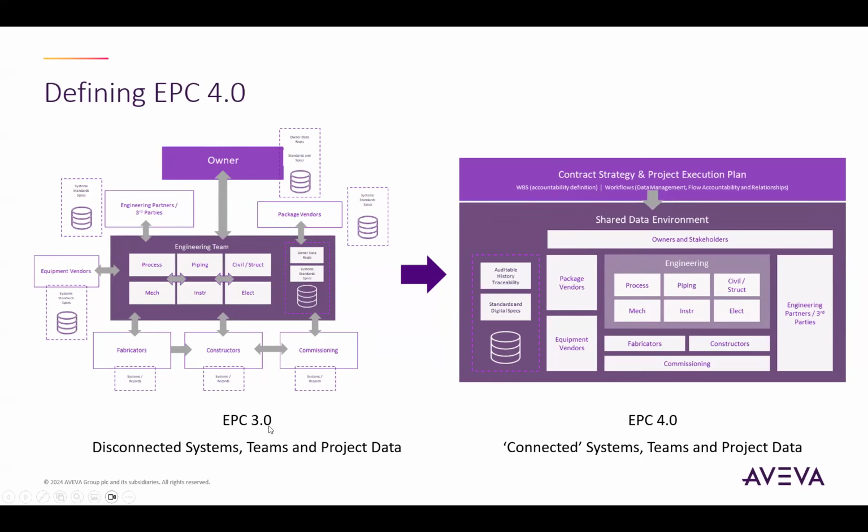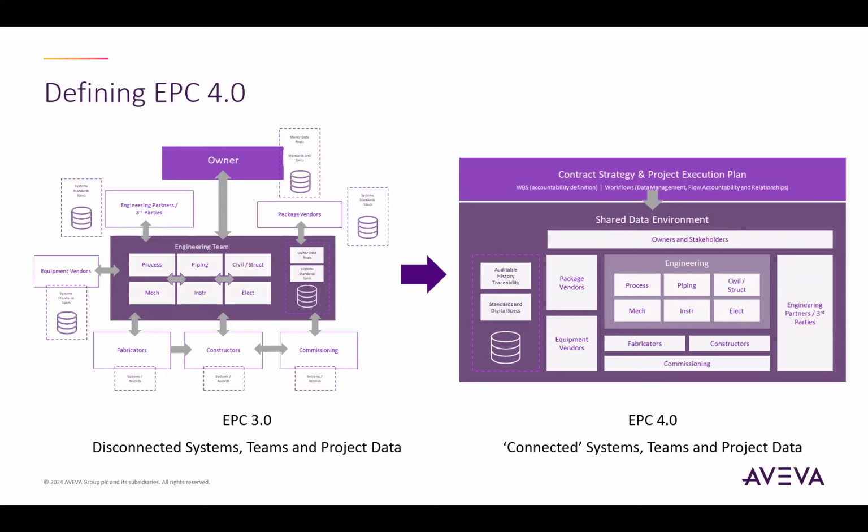In the EPC 3.0, we had the project teams over the past 2 decades with different systems and standards. Most of the data was gathered in silos, meaning in Excel spreadsheets, in just flat plain documents. And it was really difficult to pass on information between the disciplines. So they lived in a nightmare.